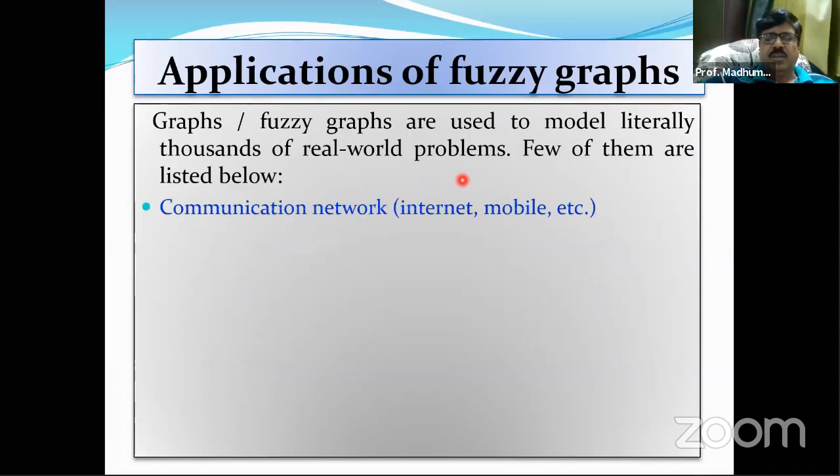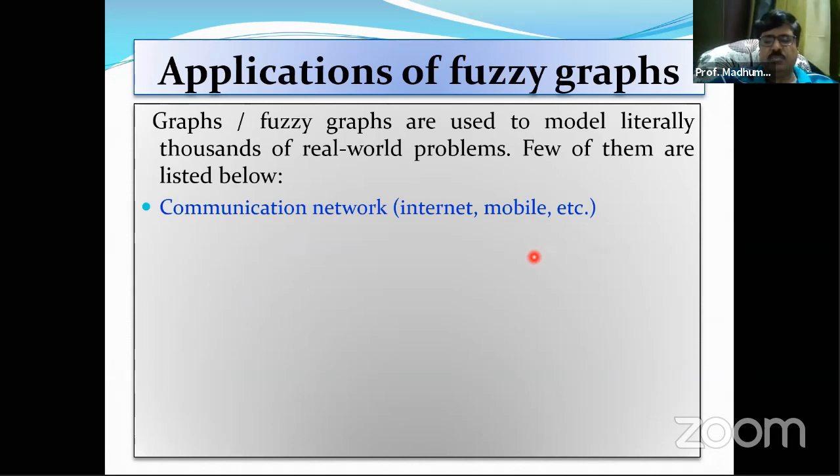Now, there are a lot of applications of graph theory as well as fuzzy graph theory in our real life problems or real world problems. Some of them are highlighted here. The communication network, that means internet, mobile, graph theory is the backbone of all kinds of communication networks.